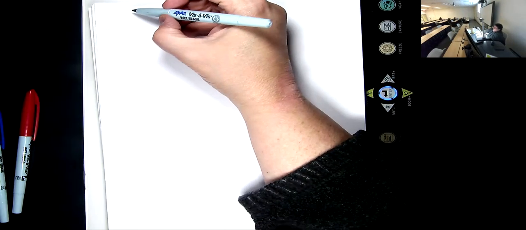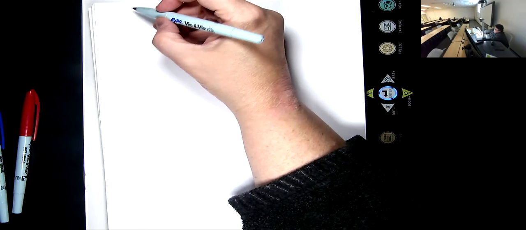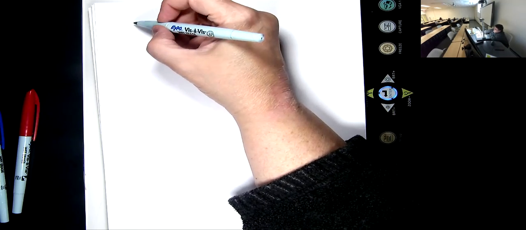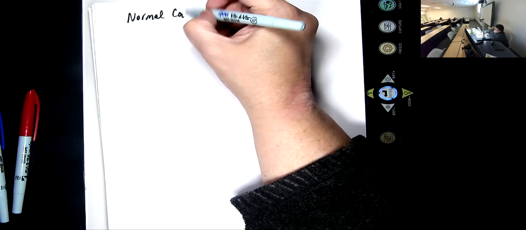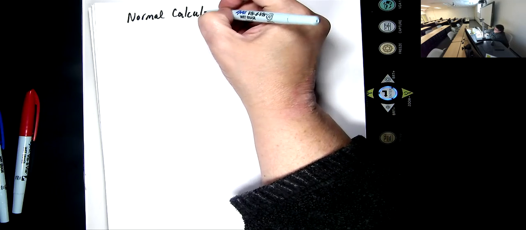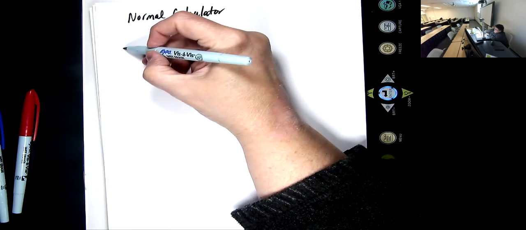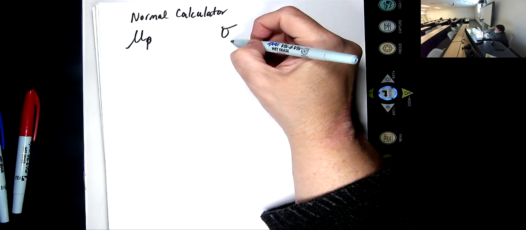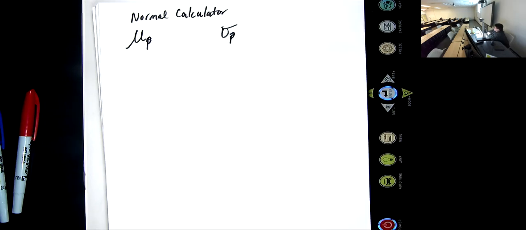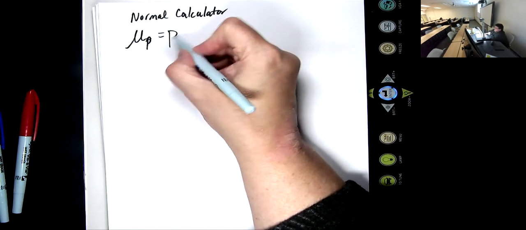So we said we can use the approximately normal if we met the criteria, but to use the normal calculator, we need the mean and the standard deviation. We need the mean of p hat, and we need the standard deviation of p hat. The mean is just the proportion I got.